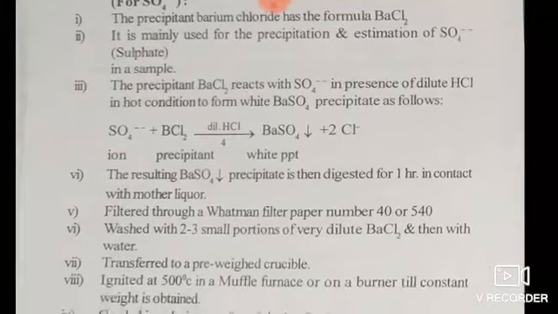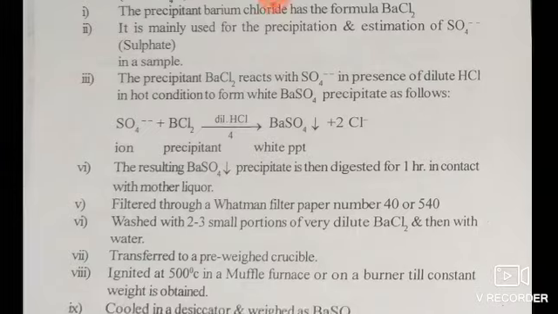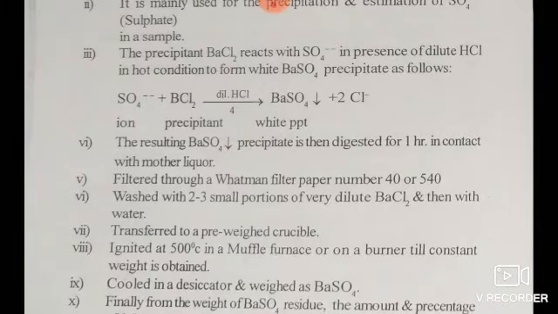The barium chloride reacts with sulfate, SO4--, in the presence of dilute HCl in hot condition to form the white BaSO4 precipitate. The reaction is SO4-- ions plus BaCl2 gives the BaSO4 white precipitate in the presence of dilute HCl in hot condition.